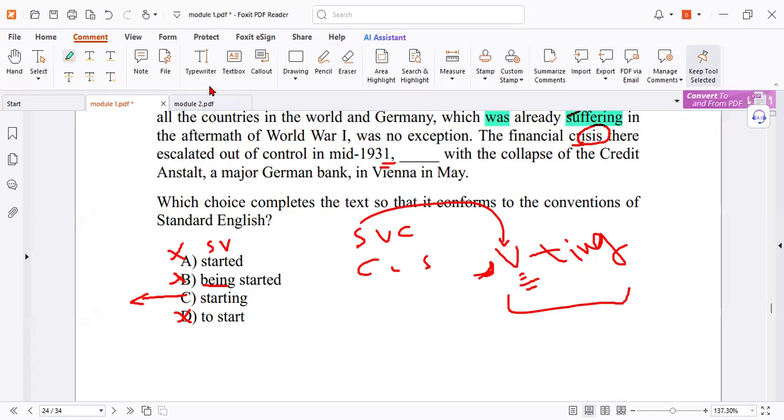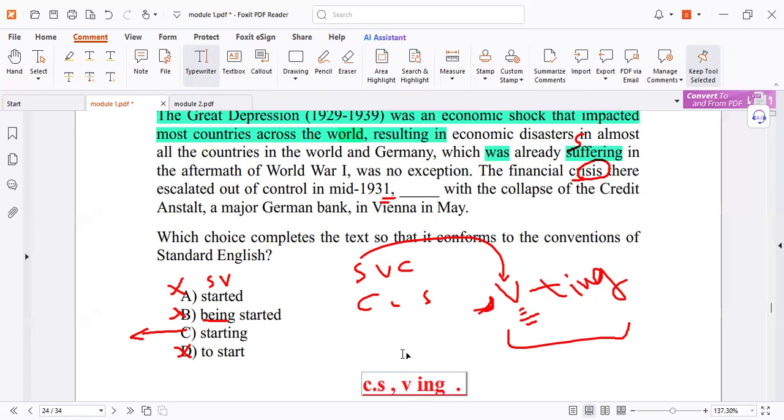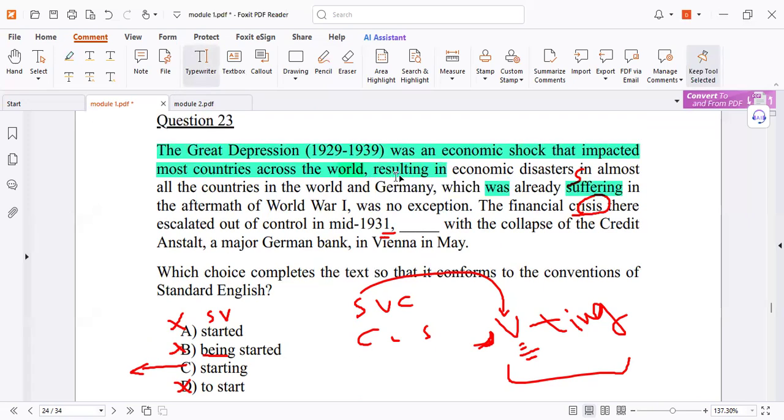Let me help you with something very important. Very, very important. In English, we have: complete sentence, comma, present participle phrase, full stop. And that's correct. This verb can be done by the subject of the sentence or the whole situation of the sentence. Like this: what resulted in economic disaster?